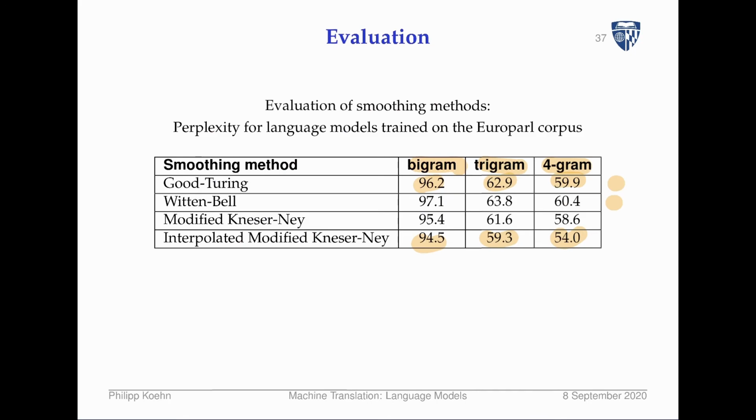This is modified Kneser-Ney, and the final one is the interpolated modified Kneser-Ney. This is the Kneser-Ney method that also always interpolates with lower order models. And that seems to be the most successful. But one story also seems to be that, yeah, for 4-gram models, you should have as much history in them as possible.